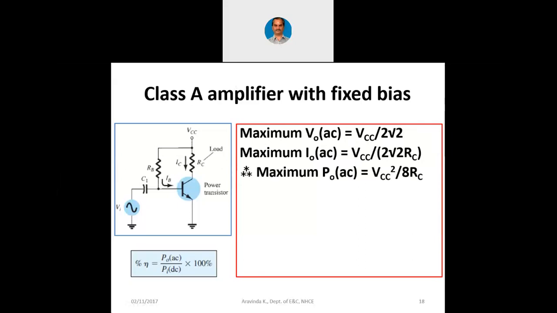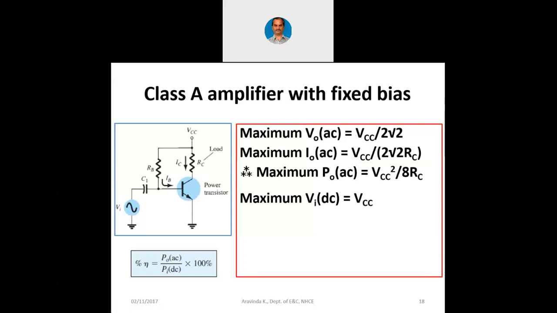So maximum power is nothing but maximum voltage into maximum current at the output. We multiply that V0 and I0, we get VCC squared divided by 2 root 2 into 2 root 2, which gets multiplied and becomes 8. So the maximum output power in the case of this particular circuit is VCC squared divided by 8 RC.